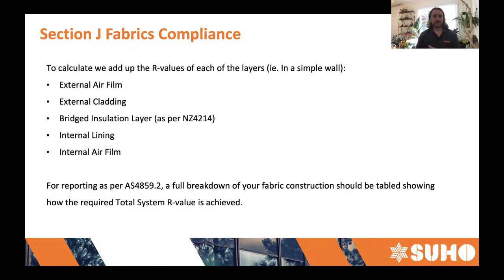For reporting, we're reporting to AS 4859.2, which is the Australian standard for thermal performance of insulation, and a full breakdown of your construction should be tabled, which demonstrates to both the client and also the project's building surveyor or certifier how we've achieved those total system R values.